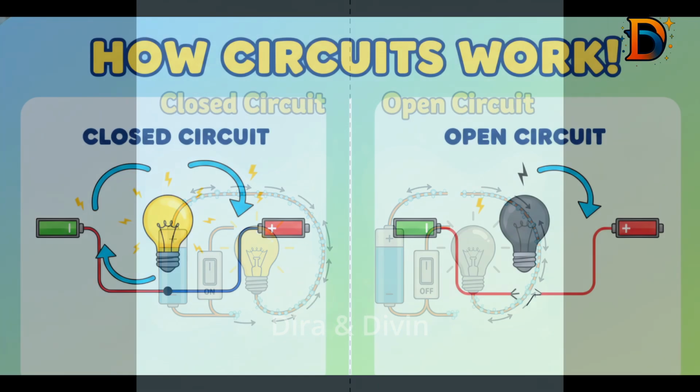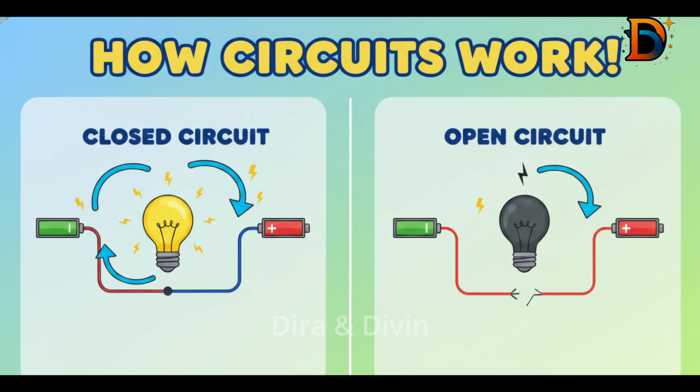Open versus closed circuit. We talked about a closed circuit where electricity flows. But what happens if the path is not complete? Think of a drawbridge. When the bridge is down, cars can drive across. That's like a closed circuit and electricity flows.